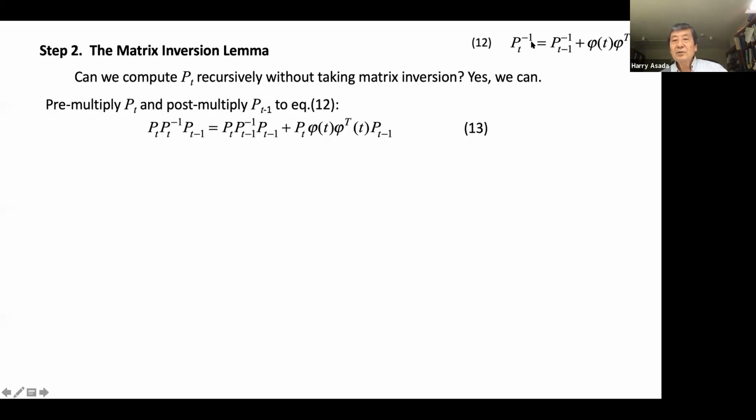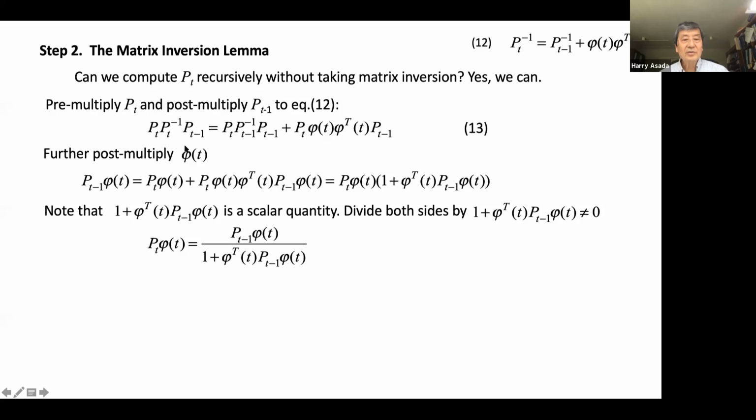So post-multiply PT minus 1 from here. Okay, so the first one becomes PT inverse PT minus 1, right? We do the same for the right-hand side. First, this guy becomes this, and then this becomes this, right? Now, obviously, these two cancel, and these two cancel.